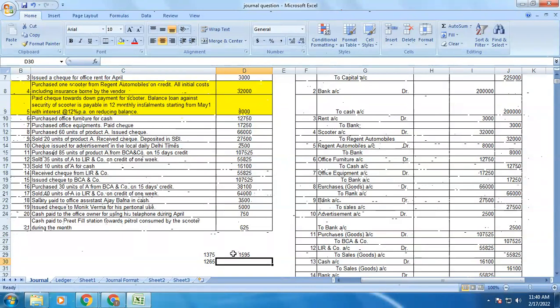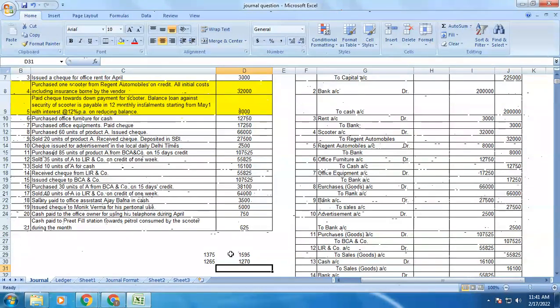Then received check, issued check, again purchased 30 units of A at the rate of, अब आएगा is equal to 38,100 divided by कितने units हैं? 30 units. तो 1270 पे ये आप खरीद रहे हैं.